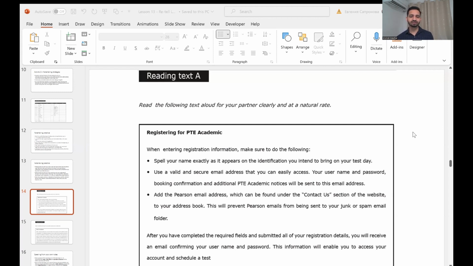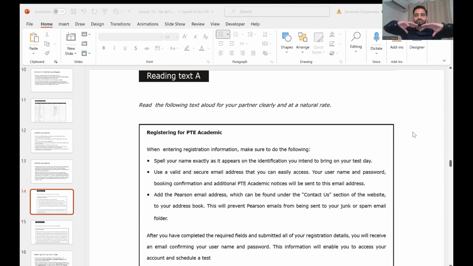Add the Pearson email address, which can be found under the Contact Us section of the website, to your address book. This will prevent Pearson emails from being sent to your junk or spam email folder. After you have completed the required fields and submitted all of your registration details, you will receive an email confirming your username and password. This information will enable you to access your account and schedule a test.